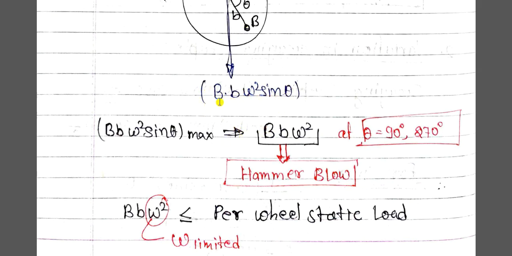This unbalanced force will be maximum when theta is 90 degrees and 270 degrees, and it will be 0 when theta is 0 degrees and 180 degrees. At theta equal to 90 degrees it is positive, at 270 degrees it is negative. So it goes up and down, up and down. That effect is called the hammer blow effect.